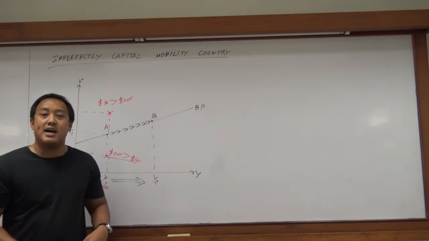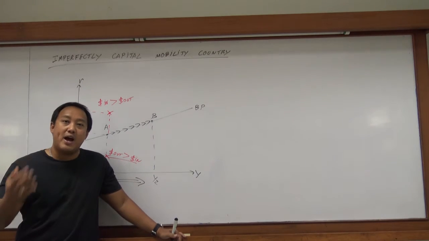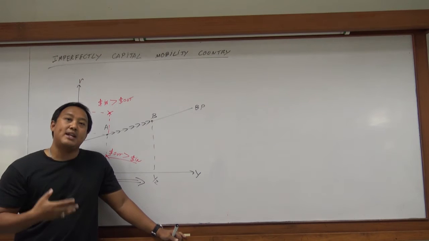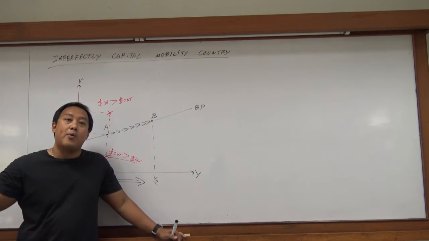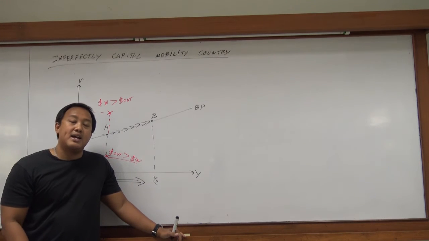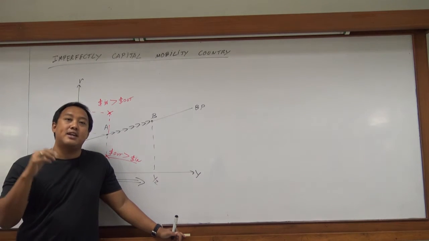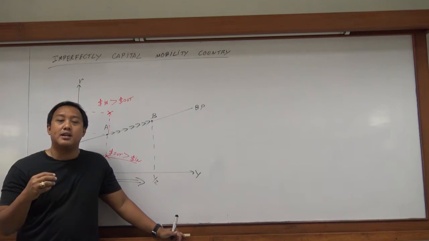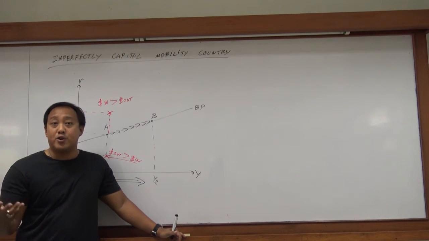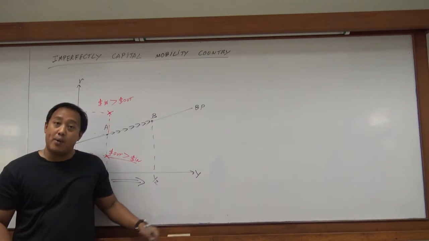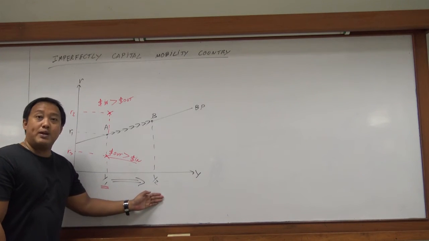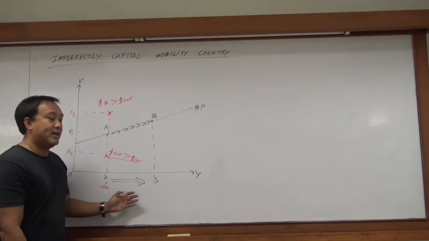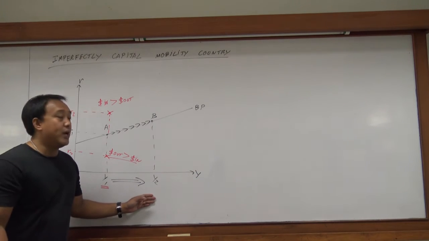As I told you last time, when your GDP increases and you have more money, people tend to import more products from foreign countries. We consider imported products like luxury goods because we cannot produce them in our country. So when GDP increases from Y1 to Y2, people tend to import more.